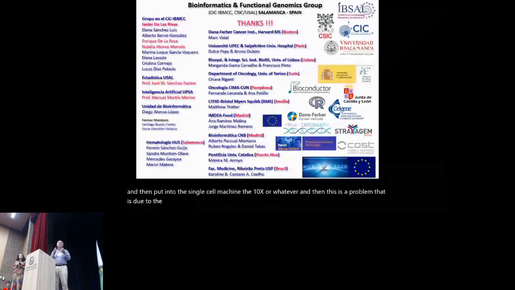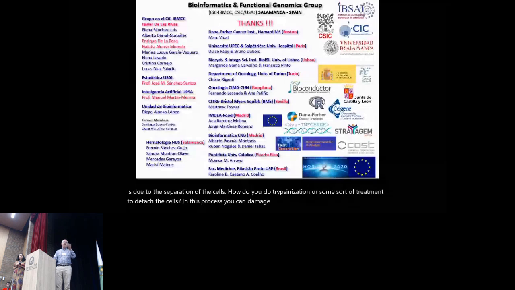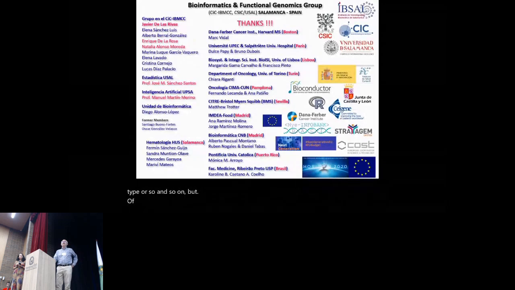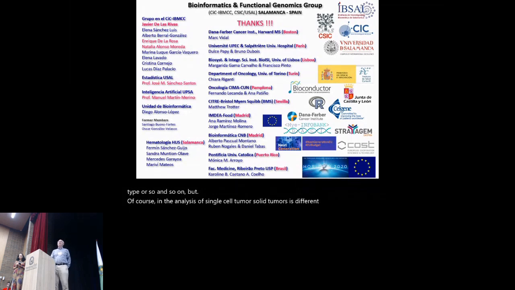How do you do trypsinization or some sort of treatment to detach the cells? In this process, you can damage, of course, the number of cells of a given type, and so on. But of course, the analysis of single-cell solid tumors is different. But our approach here is identifying the different cell subtypes.